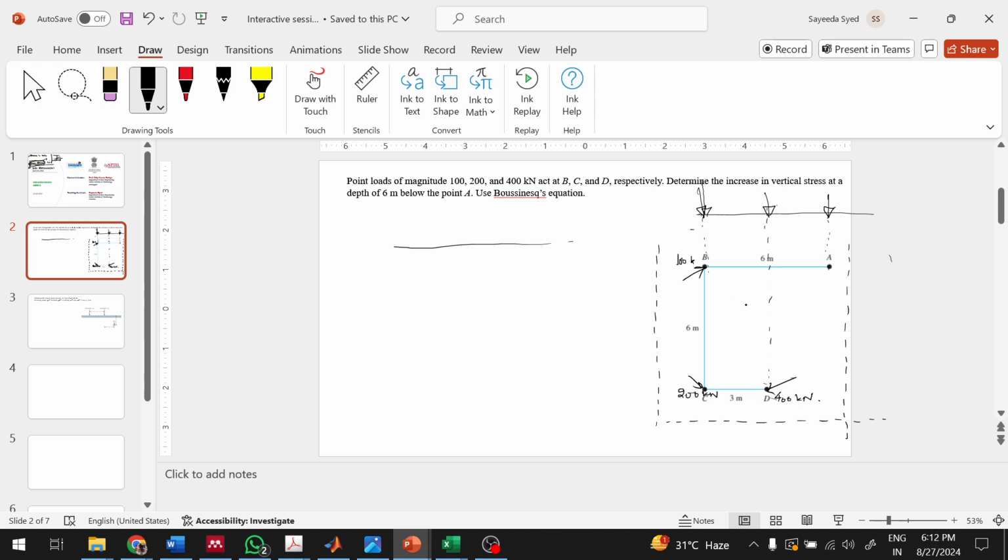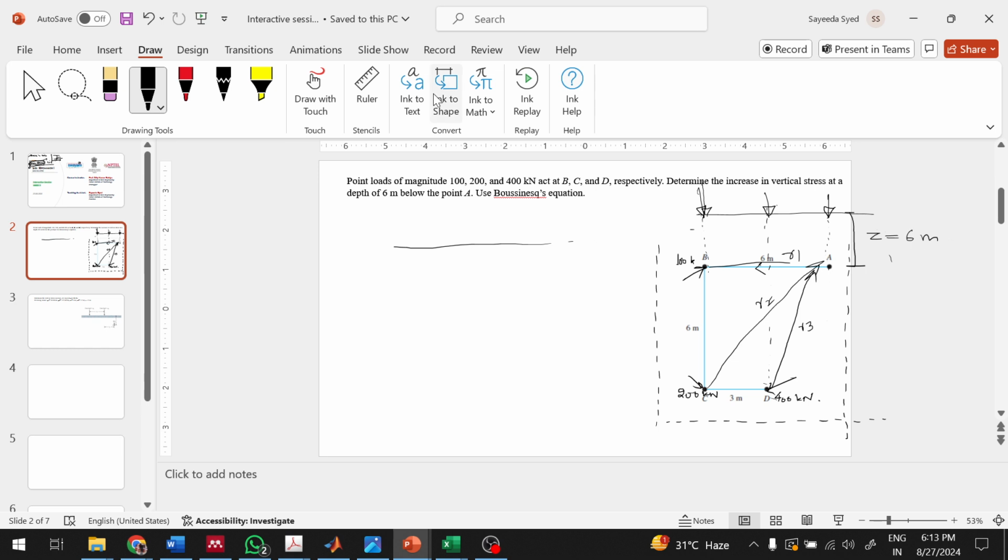But right now, in stresses, we deal with mostly polar coordinates. So we want to find this distance, this distance, this distance, and this distance. This will be R1, R2, R3, and then Z has been given as 6 meter, isn't it?